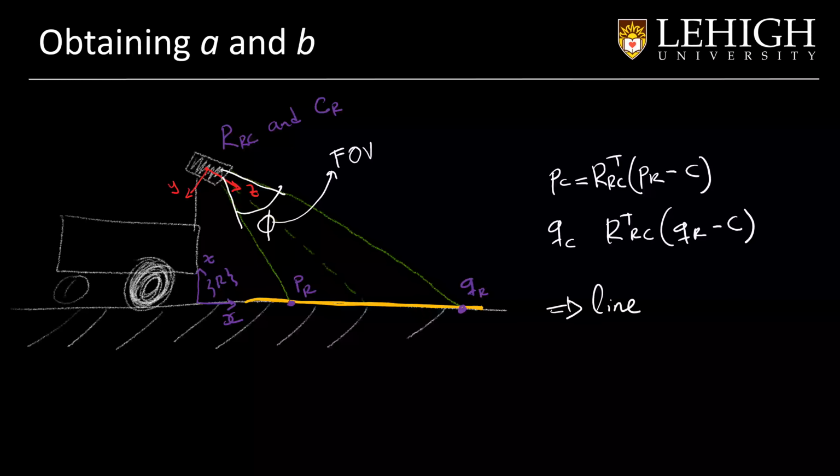Using these 2 points and the equation of a line in 3 dimensions, we know that the line in the camera frame, or all the points in the camera frame, will be equal to a parameter t times the difference of the points plus qc, and t is just a real parameter.